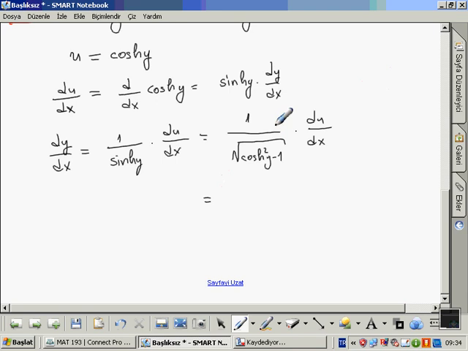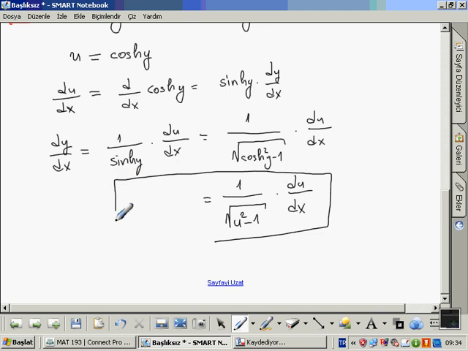And after that it's equal to 1 over the square root of, and cosh y is u, we know that, so it's equal to u² minus 1 times ∂u/∂x. We have just found the y prime, which is the inverse cosh u prime. It's equal to that.